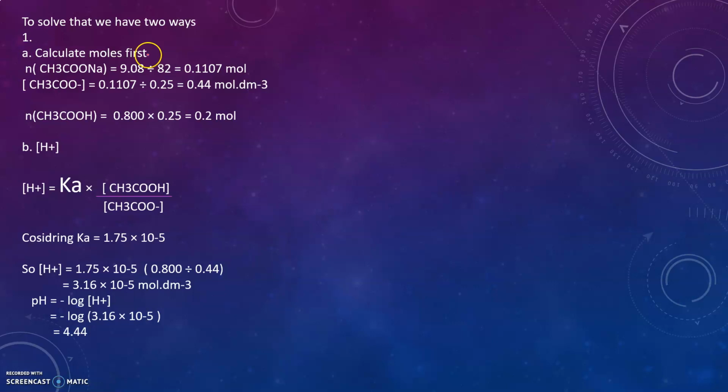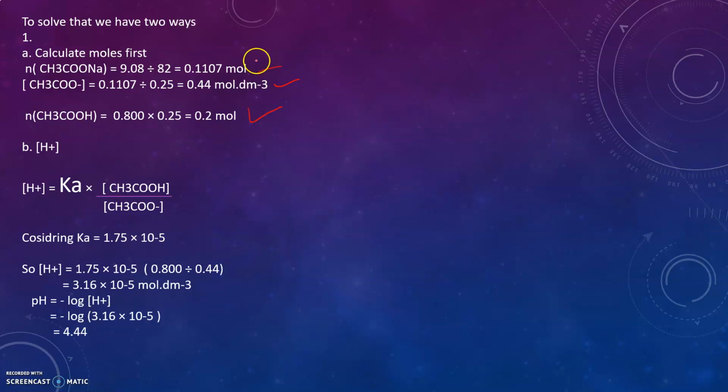So the first step was to calculate the number of moles for each, right? The number of moles for sodium ethanoate is easy, and for the acid you have the concentration and volume, so you calculate the number of moles.